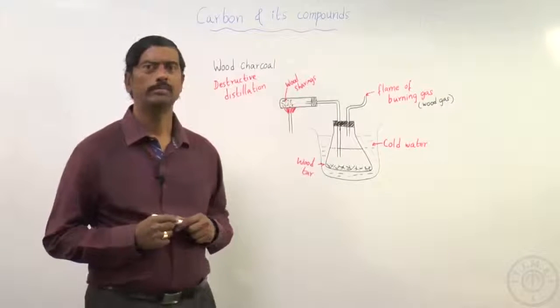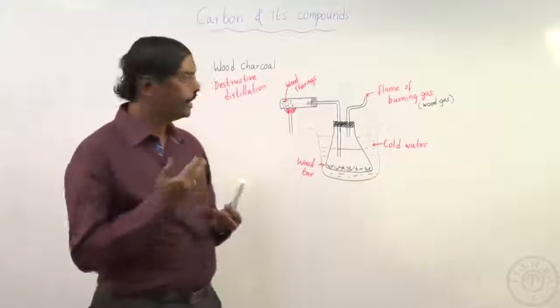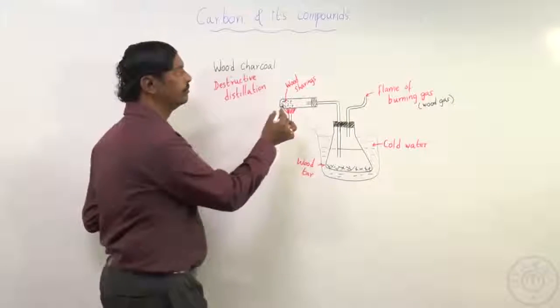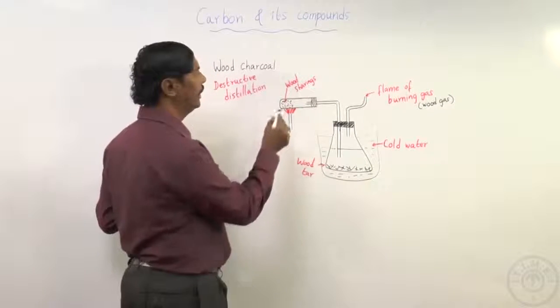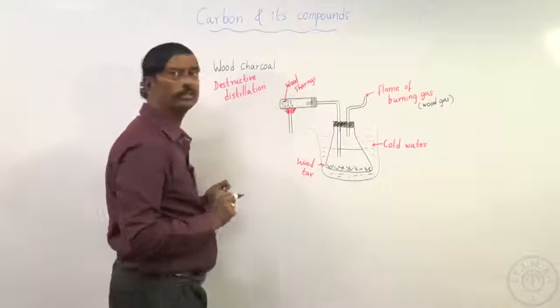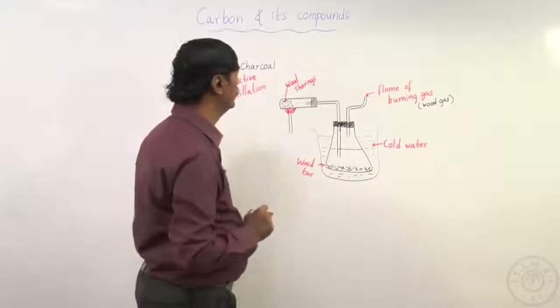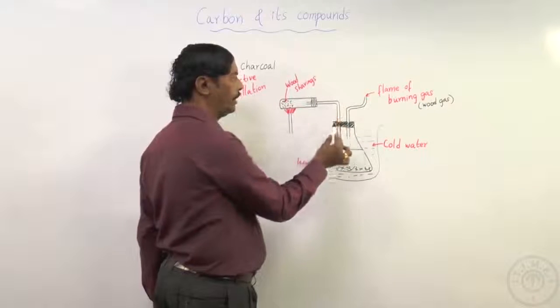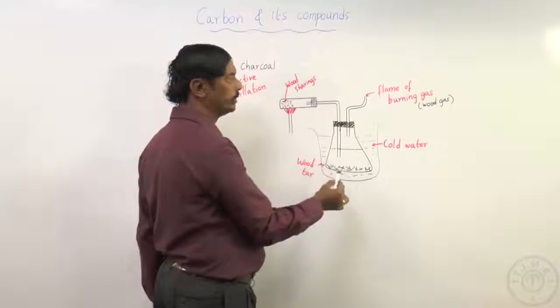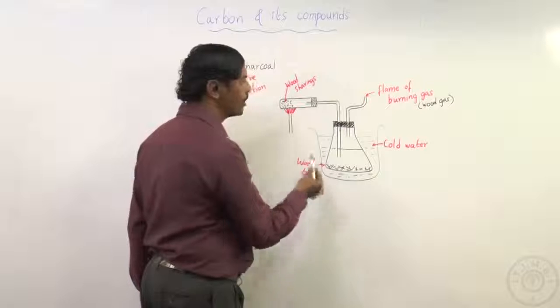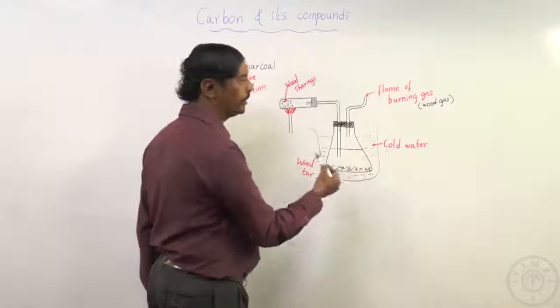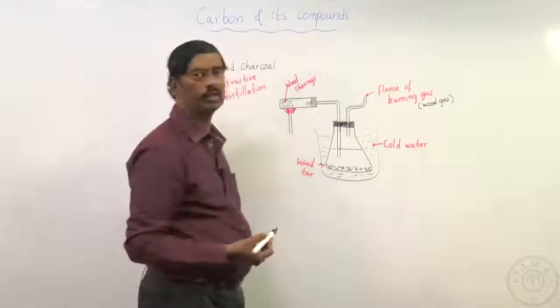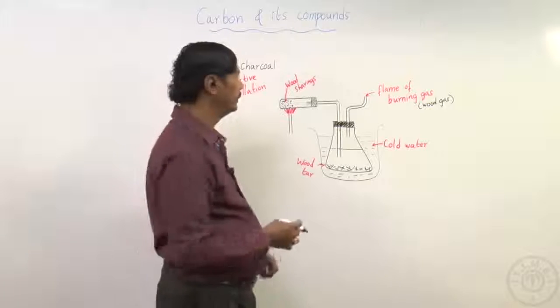We'll now see how wood charcoal is prepared. We'll take the shavings of wood in a test tube and then heat it using a Bunsen burner, and whatever fumes come out of this enter into this conical flask, which is kept at a lower temperature by a cold water beaker.